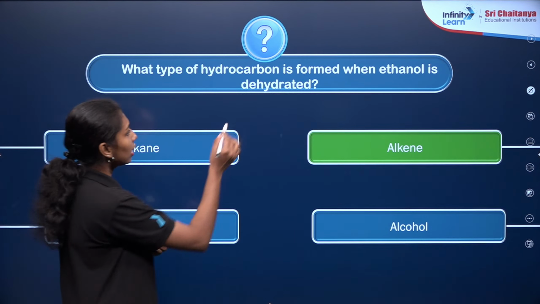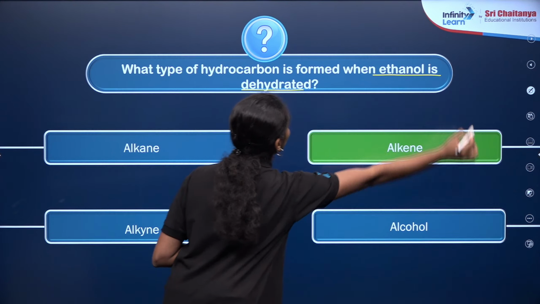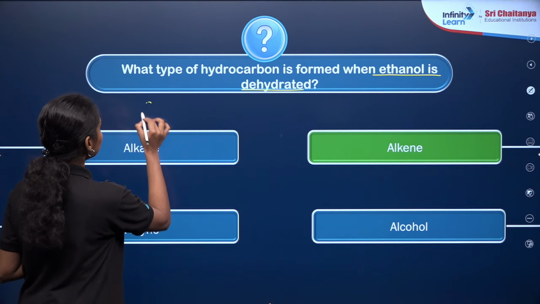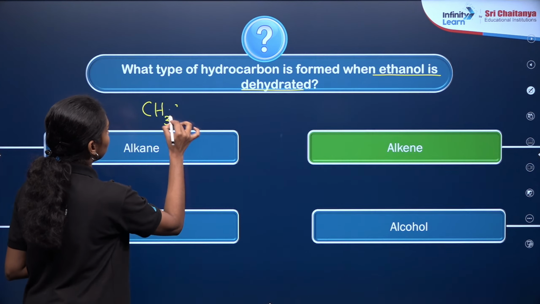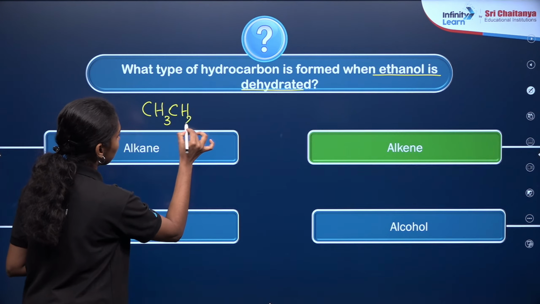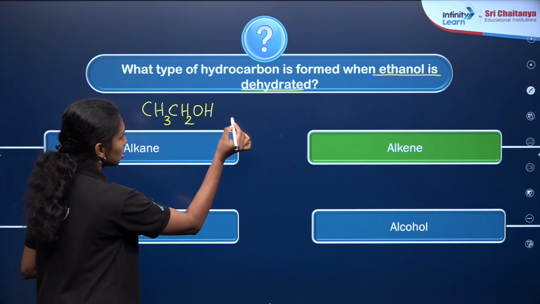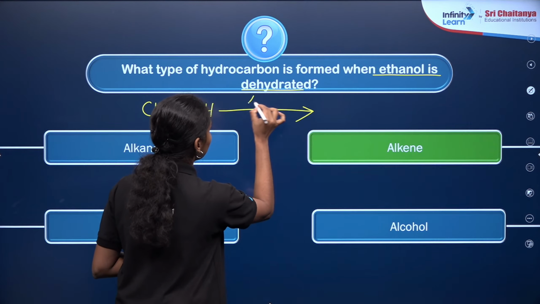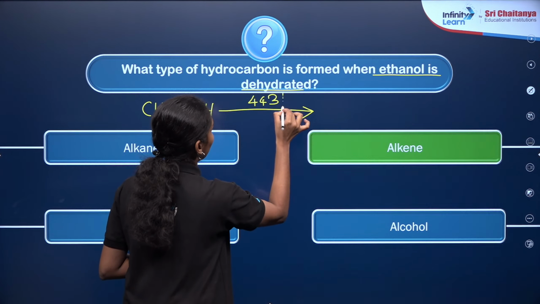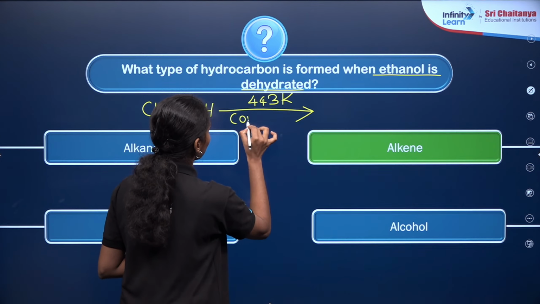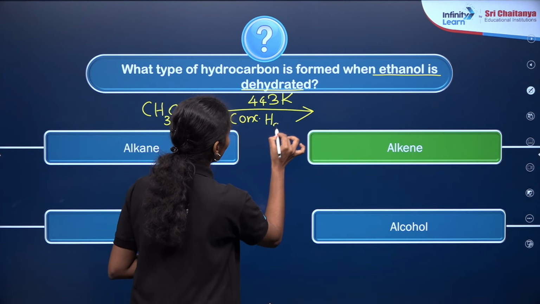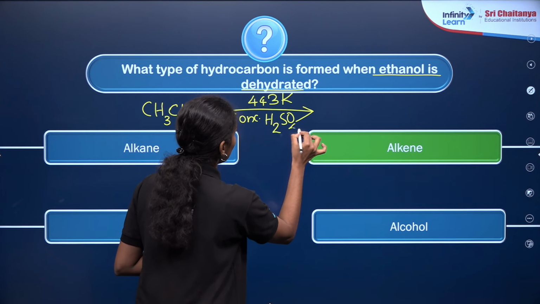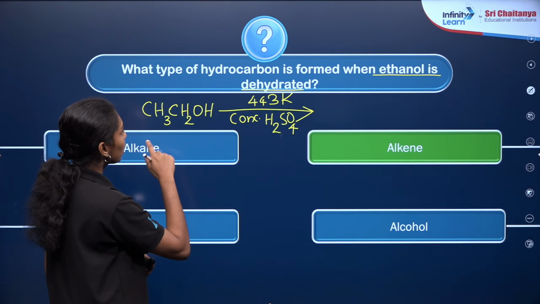So what is the reaction here? Ethanol, right? Ethanol is heated with hot concentrated H2SO4 at 443 Kelvin. What we are observing here is that it removes a water molecule.